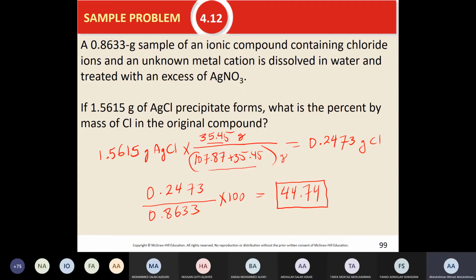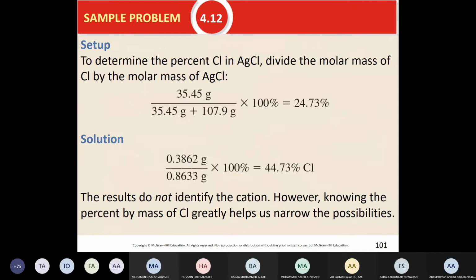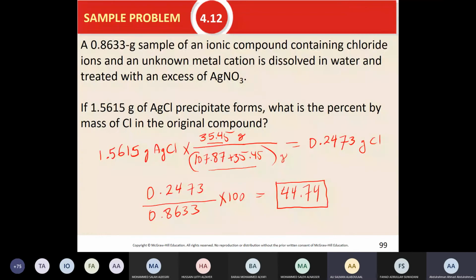All right? I have another result, 28.65. It's 44.73, so this is the correct answer. If you have another result, this means you have a problem in your calculation.